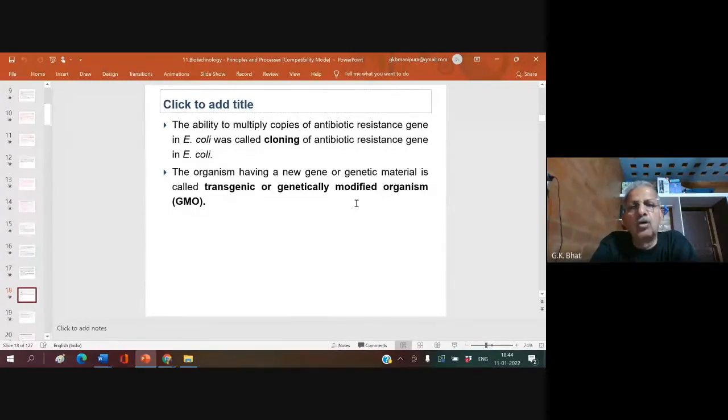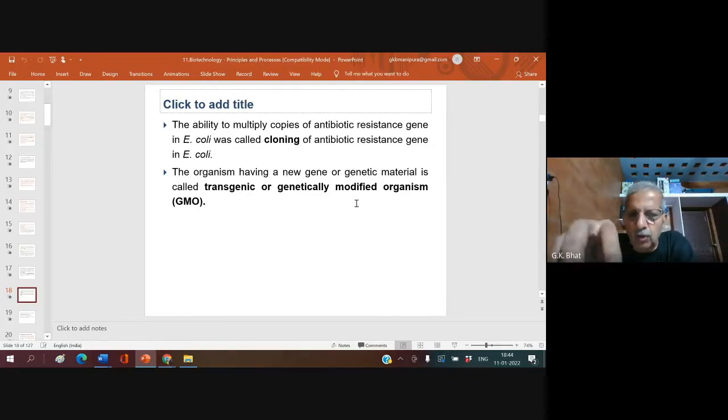The ability to multiply copies of the antibiotic resistant gene in E. coli was called cloning. What is cloning? It is a multiplication. We have added the gene of interest, the desired gene, from Salmonella typhimurium to E. coli.